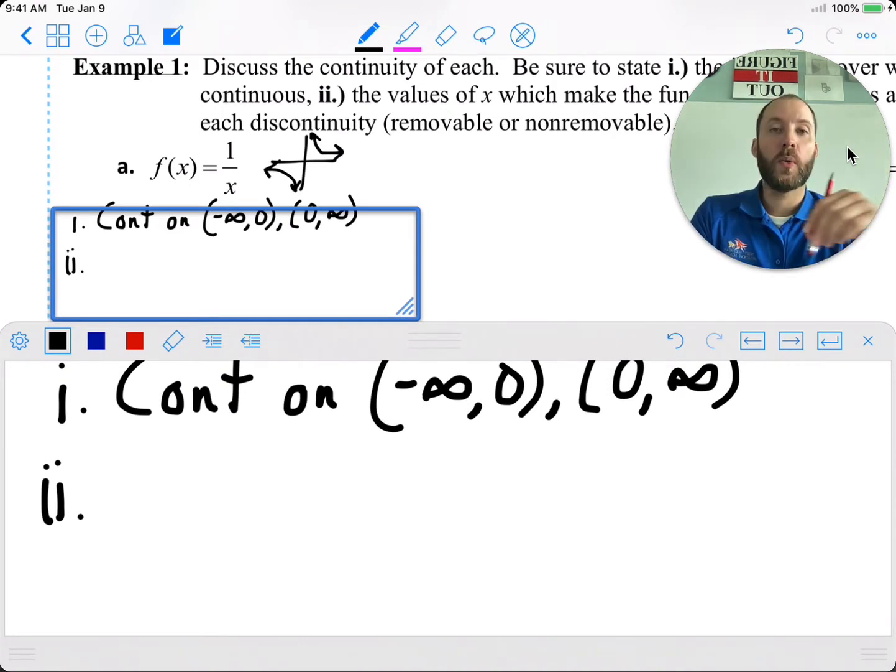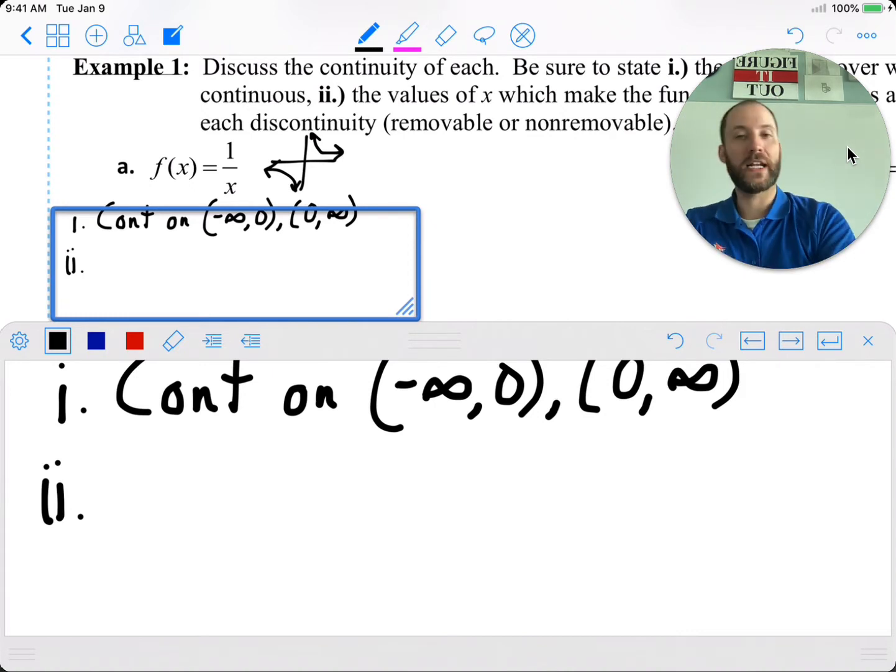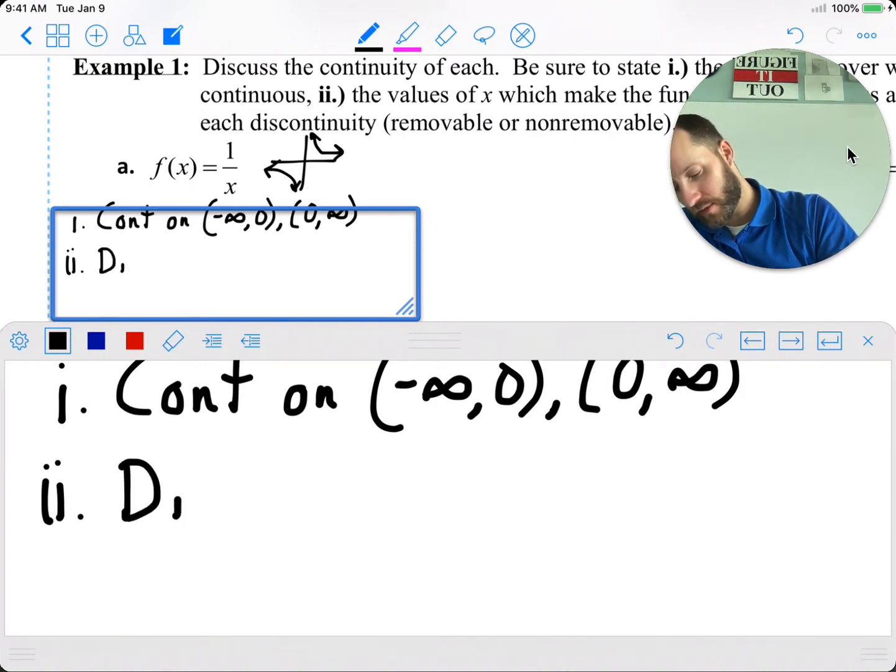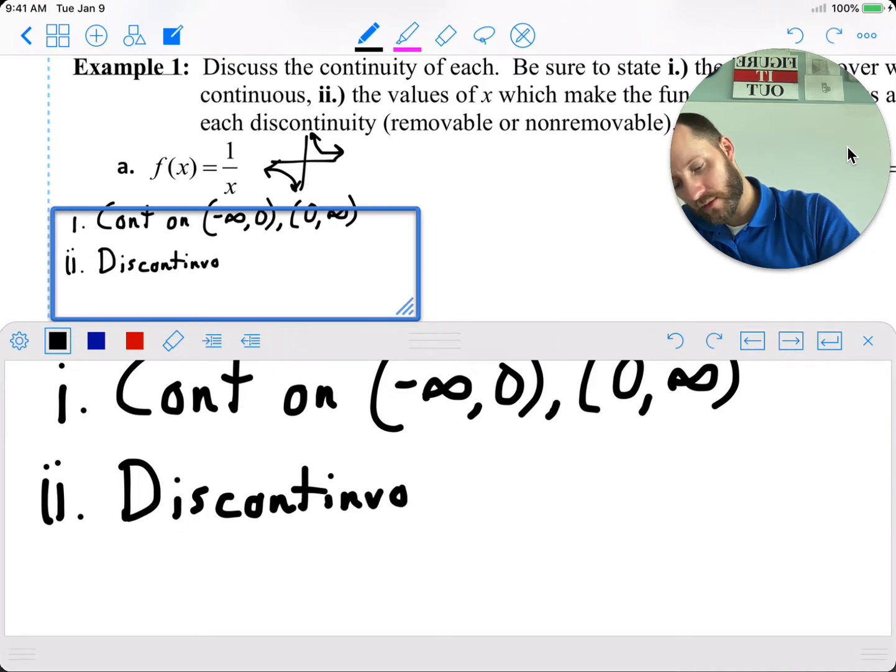Step 2. Where is it discontinuous? What values of x? Well, based upon our intervals, and you're probably already thinking it, it's discontinuous at x equals 0.